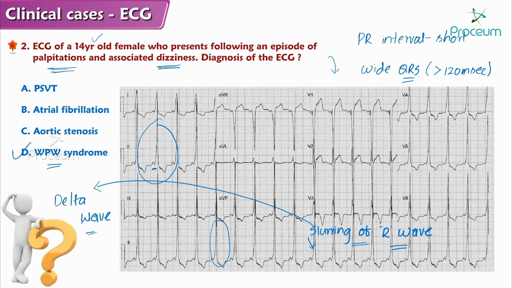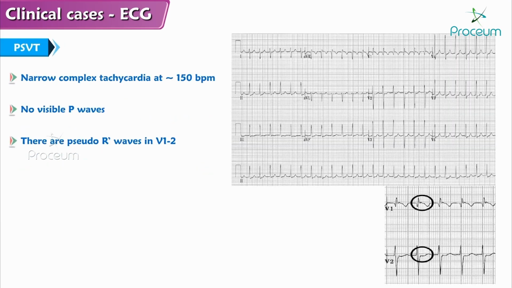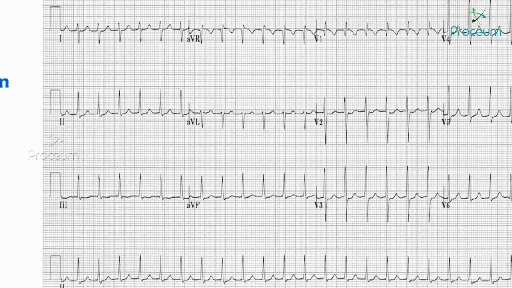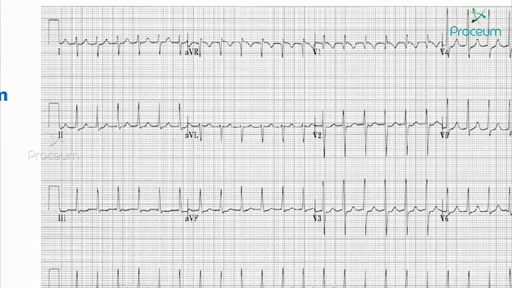Now what about the other options? You take the case of PSVT. How will the ECG of PSVT be? Remember, PSVT stands for paroxysmal supraventricular tachycardia, where the individual will have a narrow complex tachycardia. I will just show you that ECG. Now this is the ECG of PSVT.